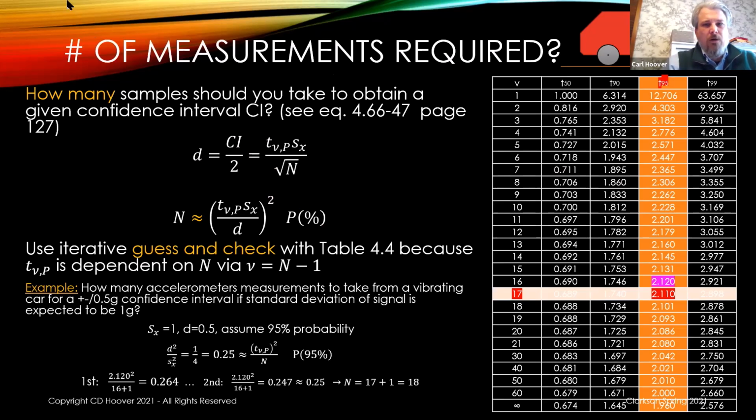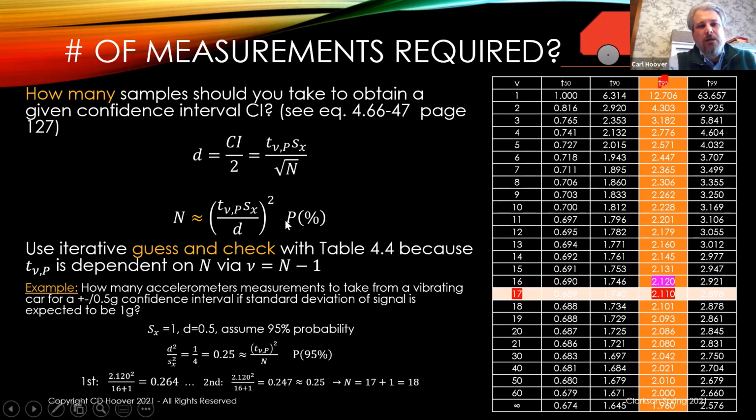And so this is actually going to require a little bit of iteration. So how many samples? First, we are going to use this parameter D, which is a confidence interval divided by 2, and that's equal to t statistic times standard deviation over square root of n. And n is approximately this squared, the number of measurements required based on the approach outlined in the text.